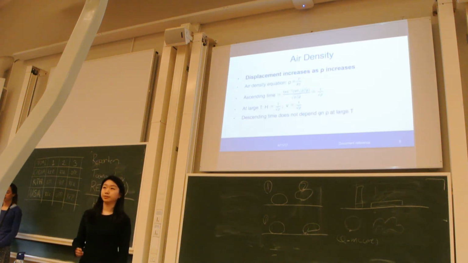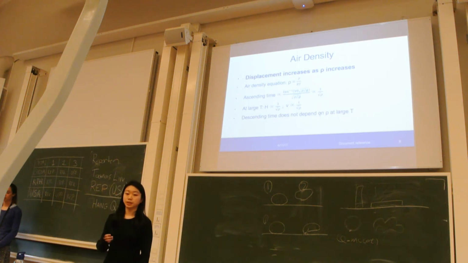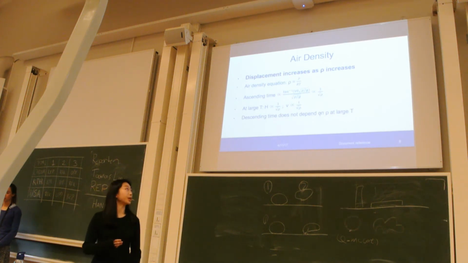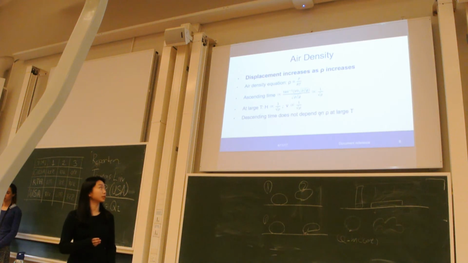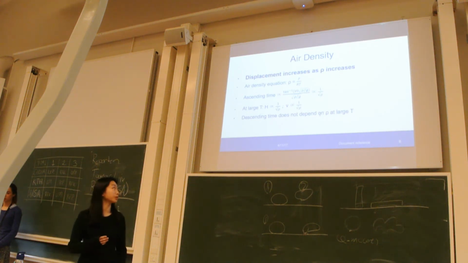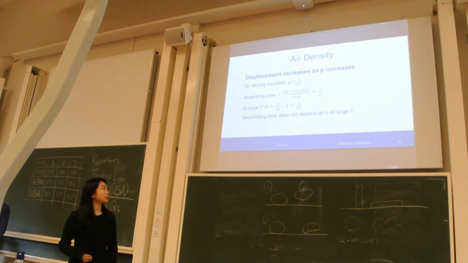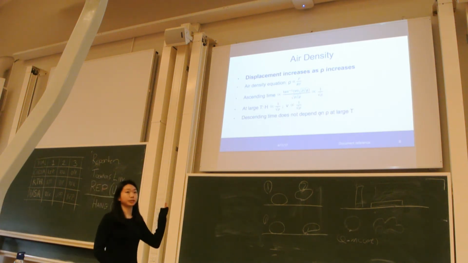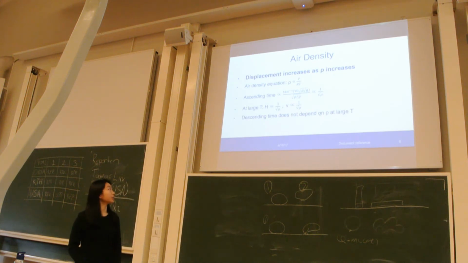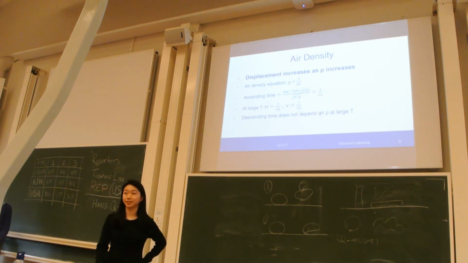Next, I consider if air density changes, because it's very easy for air density to vary. It depends on the pressure of the atmosphere, P, and the temperature of the atmosphere, with the relationship rho equals P over RT. First, I consider the ascending time. According to the differential equation that I had, the ascending time would be proportional to arctangent of V naught. You can see the equation, it's too long for me to read.